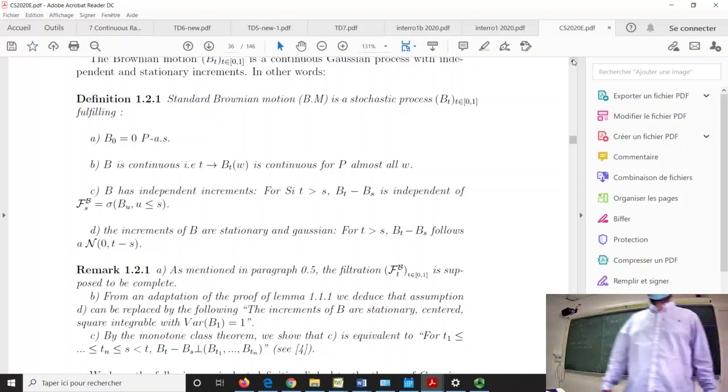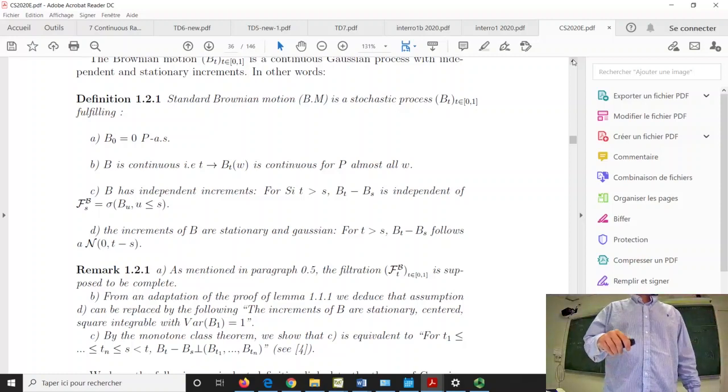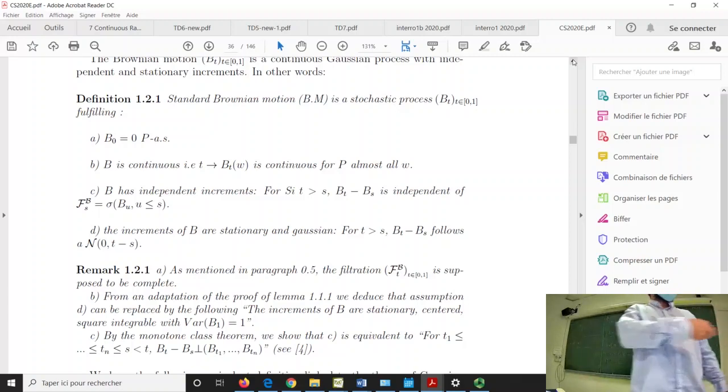How can we prove the stationarity of the increments? Oh, stationarity just means that the distribution of Bt minus Bs only depends on the length of the interval t minus s. So you have it directly here, because my Gaussian only depends on the distance between t and s. It's what we call stationarity, in fact.